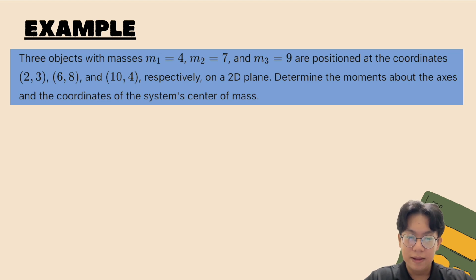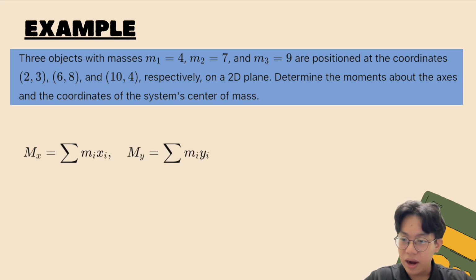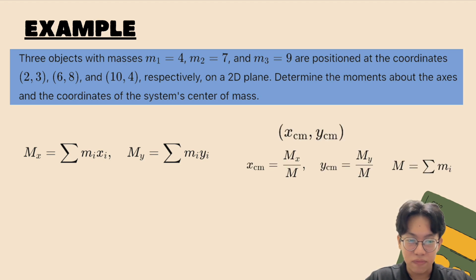The formulas for the moments are Mx, or the moment about the x-axis, equals the sum of m_i x_i, and My, the moment about the y-axis, equals the sum of m_i y_i. And the center of mass is given by x for the center of mass equals Mx over M, and y for the center of mass equals My over M, where M equals the sum of m_i, or the total mass.